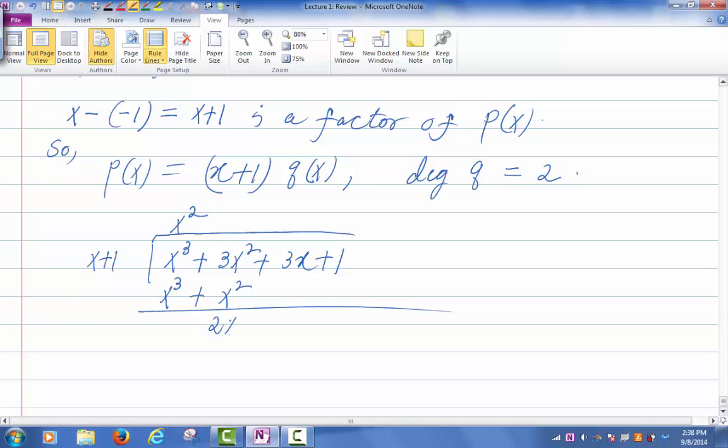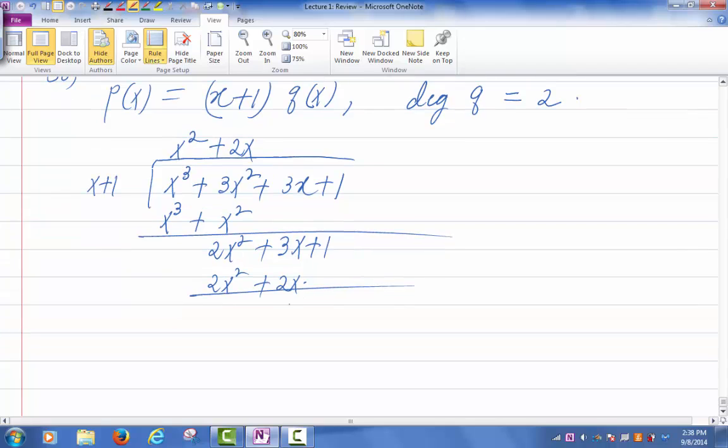Subtract, you get 2x squared plus 3x plus 1. And then you multiply by 2x. You get 2x squared plus 2x. And then you get x plus 1. Multiply by 1, you get x plus 1. The remainder is 0.